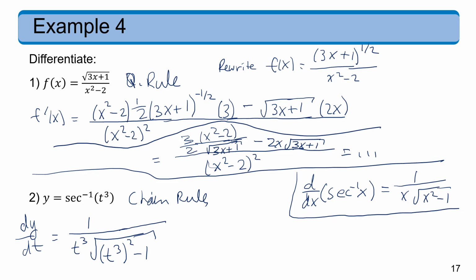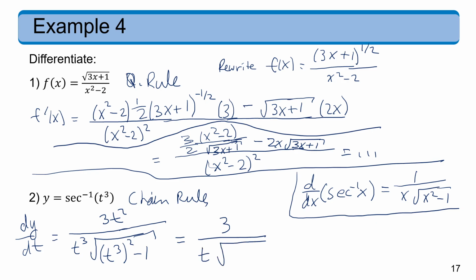Now we multiply by the derivative of the inside part, which is 3t squared. So we could just put that in the numerator. I'll erase the 1 and put in its place 3t squared. And there's a couple things we could do to make this look nicer. We could divide top and bottom by t squared. So now the numerator is t. And in the denominator, t cubed divided by t squared is t.